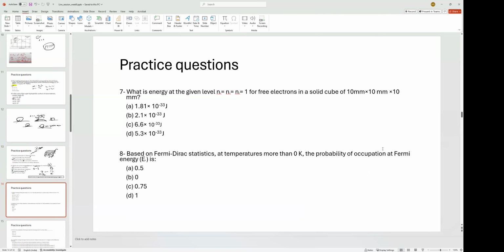What is the energy at a given level, for nx, ny and nz equal to 1, for a free electron in a solid cube with dimension 10 by 10 by 10 mm? Okay.